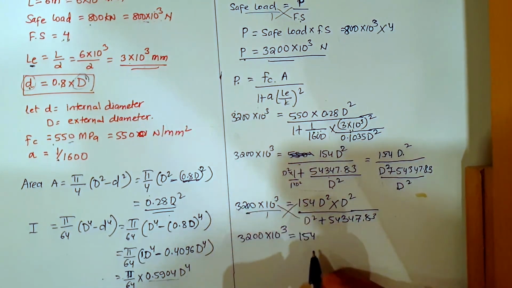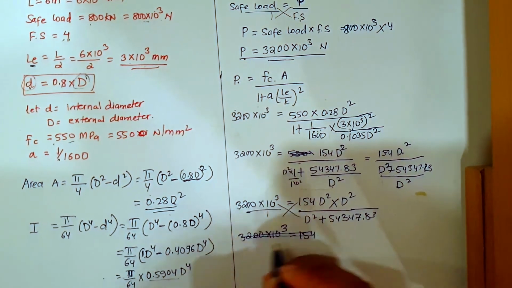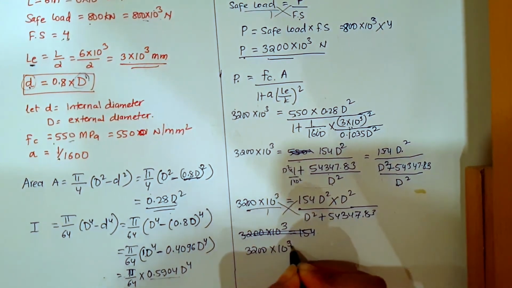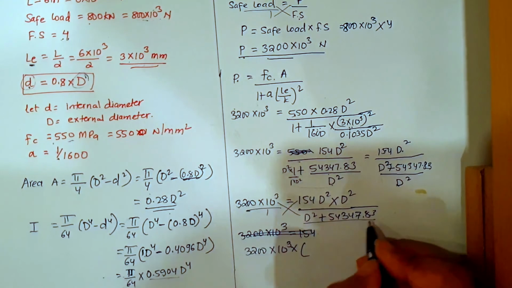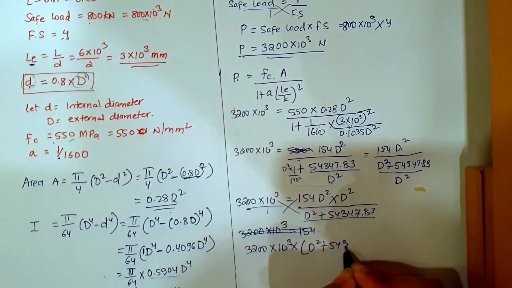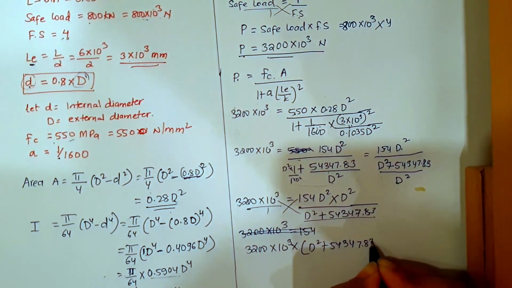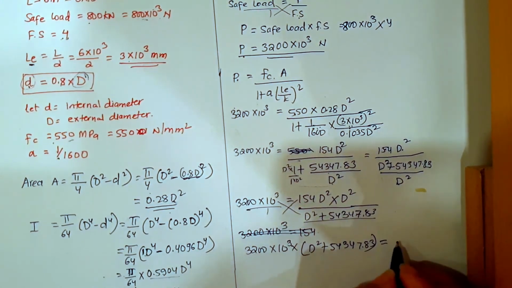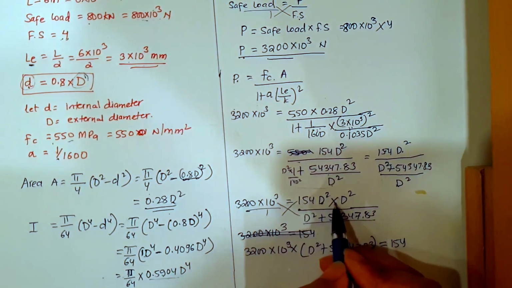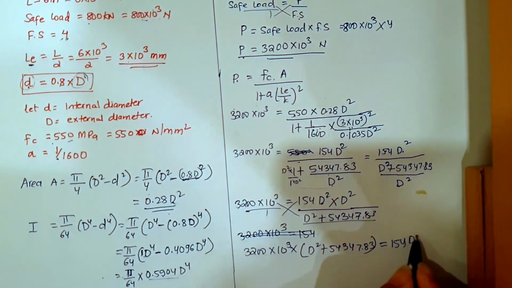If you cross multiply it now, it will be 3200 into 10 raised to power 3 into this value d square plus 54347.83 equal to 154 times d square into d square will be d raised to power 4.